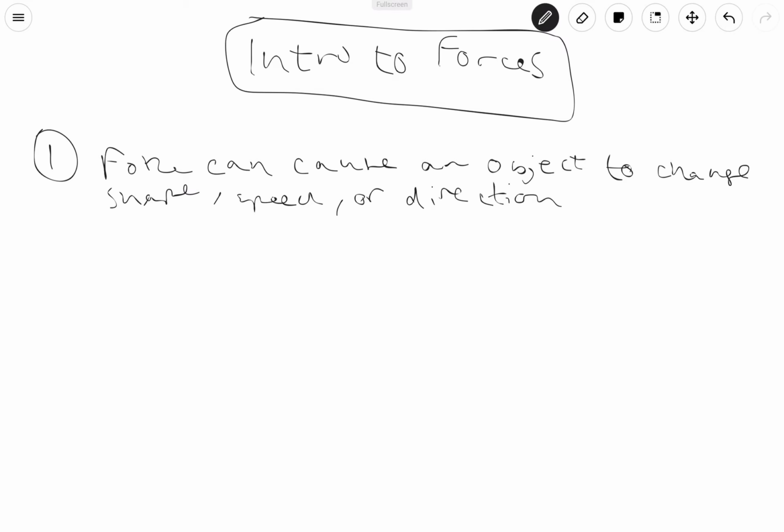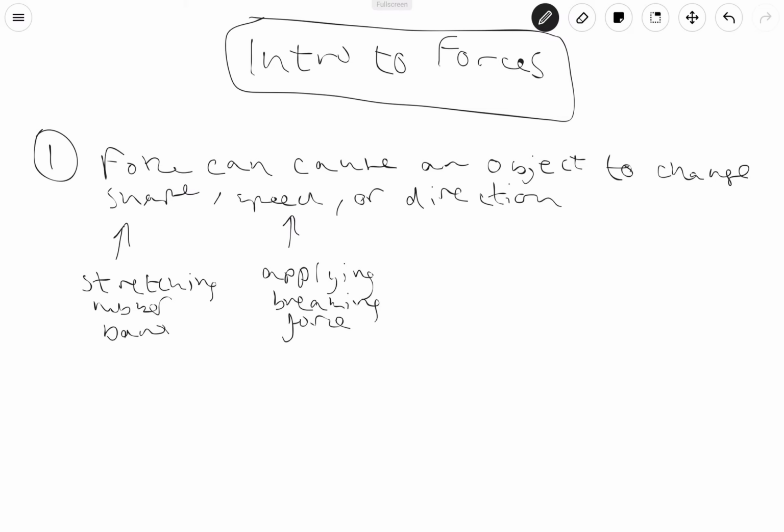So when we talk about changing shape, you can think about a rubber band, and when we talk about changing speed, we'll talk about Newton's second law, and we'll talk about acceleration. These are the basic things. So if I give an example for each: stretching a rubber band changes its shape. Changing an object's speed: applying a braking force reduces the velocity of a car.